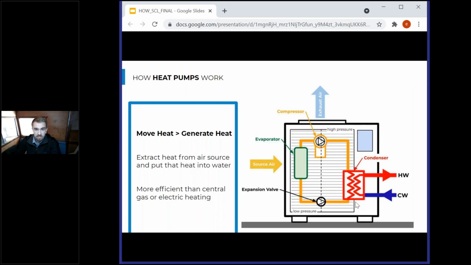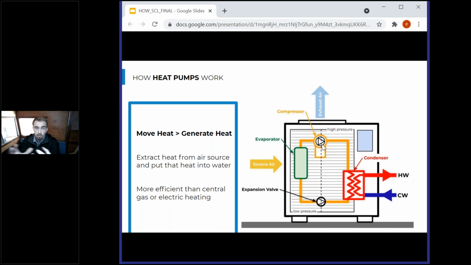So we've pressurized this loop to the point where the refrigerant might be 160 degrees. So you can heat this water up to a really high temperature with heat that you have pulled out of this really cold air. And the only thing we're paying for here is the work done by this compressor, which is a lot less energy than the actual heat that's being transferred into the water. So we might have paid for 1 kilowatt of compressor power, but now we're getting 3 kilowatts of heating into the water.